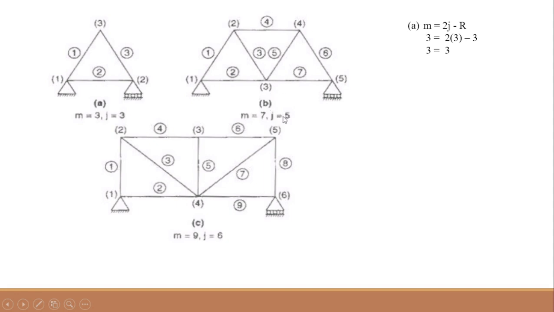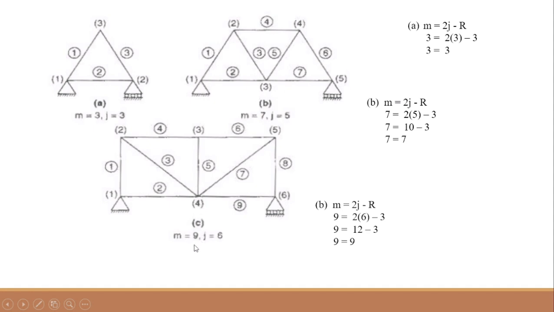So joints are 5, members are 7. When I put it in the equation m is equal to 2j minus r, m is 7, and 2 into 5 minus 3 is 7. So 7 is 7, it is satisfying the equation, so it is a perfect truss. If it gets loaded here at point 2 or 4, it will not undergo any deformation, it resists the load, so it is called a perfect truss.